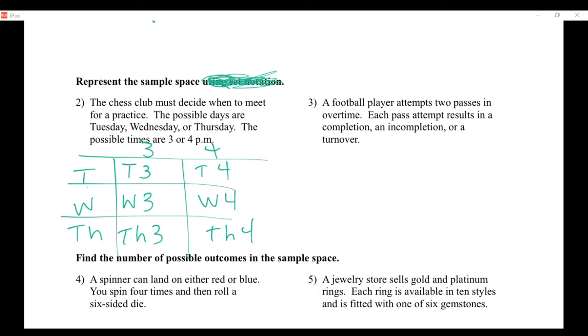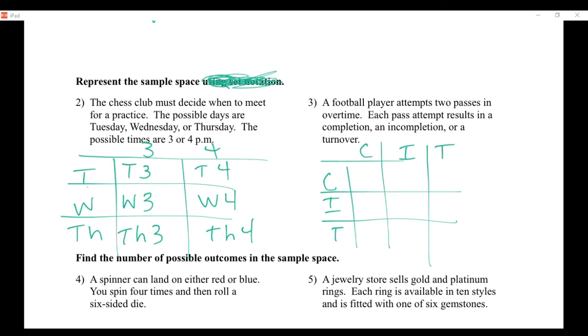For the next example, a football player attempts 2 passes in overtime. Each pass attempt results in a completion, an incompletion, or turnover. So on the first one they could get complete, incomplete, or turnover, and then on the second one they could also get complete, incomplete, or turnover.